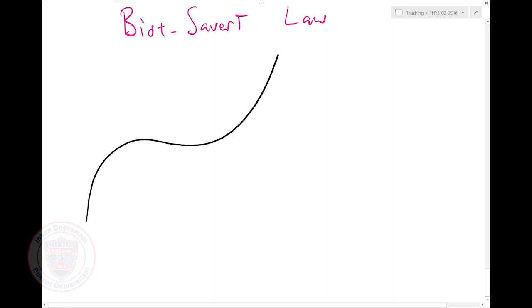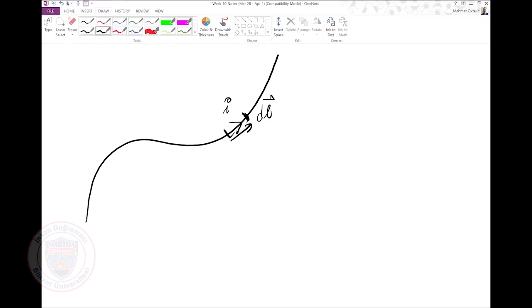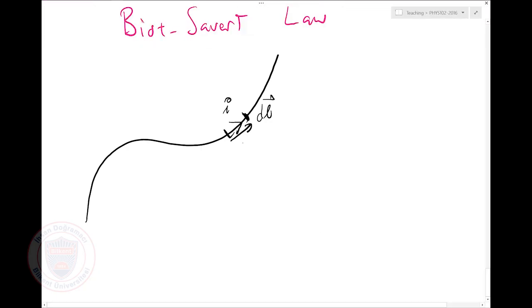If I have a general wire carrying a current, and I want to find the magnetic field created by a small section dl of this wire, this is where I actually want to find the magnetic field, dB, created by this small section.